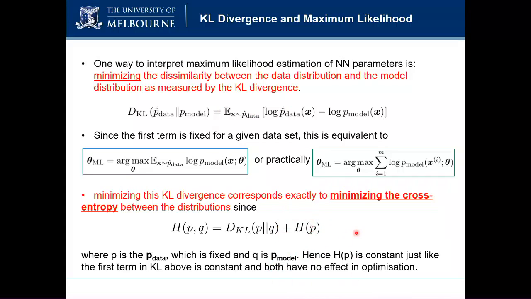So it turns out that if I try to minimize my cross entropy, that is equivalent to minimizing the DKL, which is what I was doing just a second ago, and that is the same as what I was doing in the previous slide, the maximum likelihood of theta. So all three are the same thing. You see the connections? It's really dancing around the same objective, interpreting it in different ways.